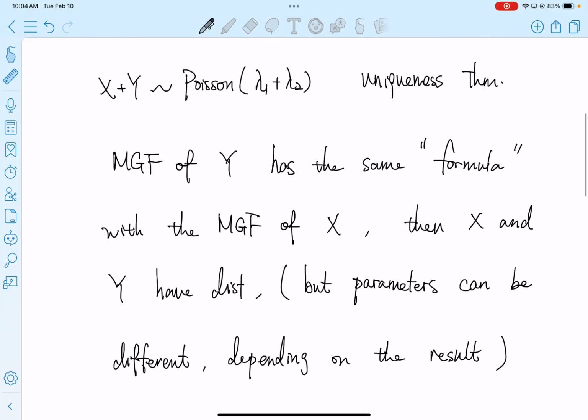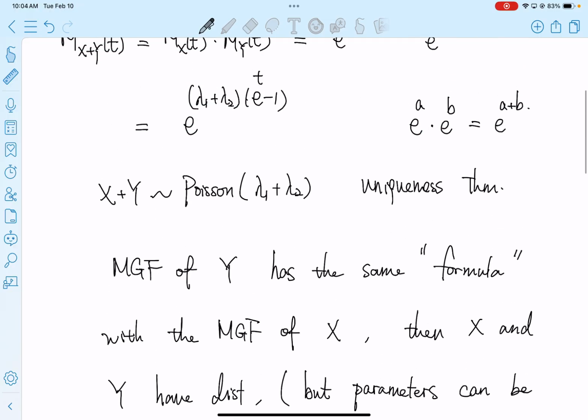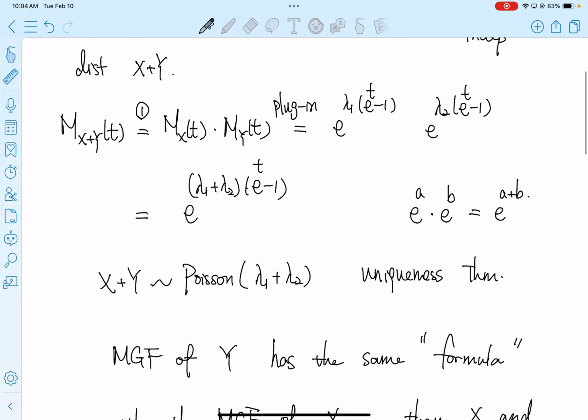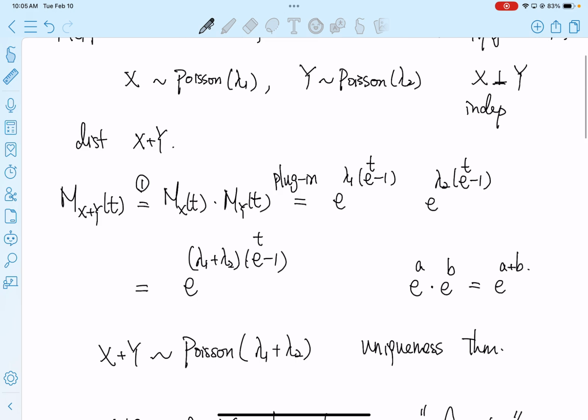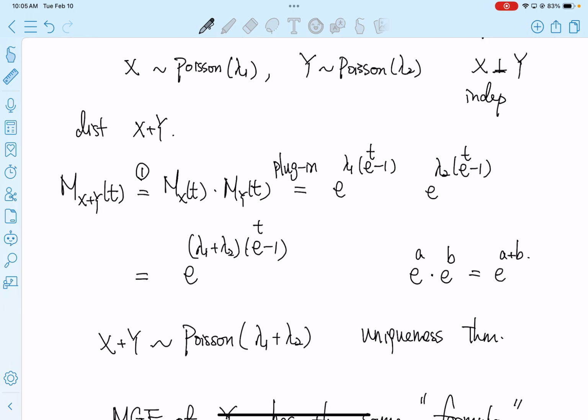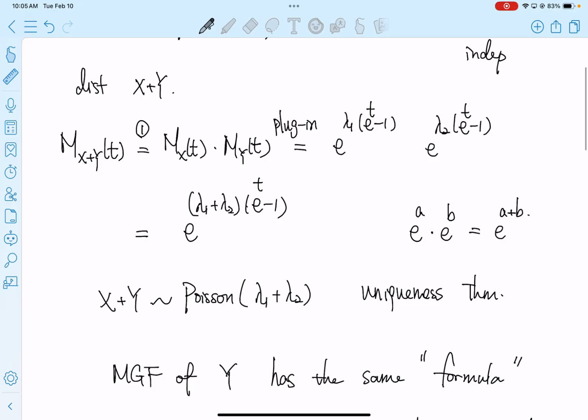So what we have used is what we have done here. We know that X and Y each follow a Poisson, and we also know their moment generating function. That's what we did throughout the lecture before midterm 1. Once we calculate the moment generating function of the sum, we get the result, and it shares the same formula as the moment generating function of the Poisson.